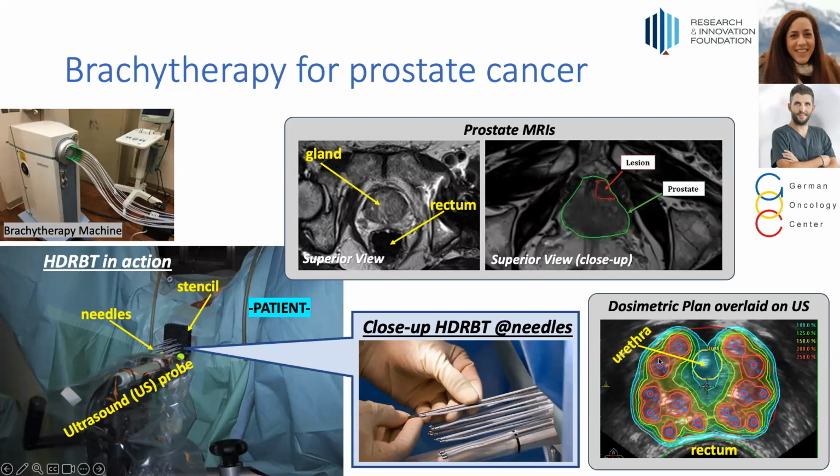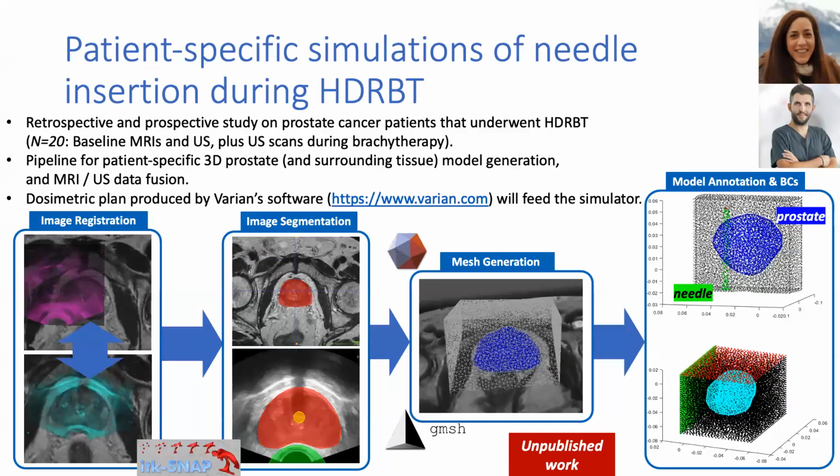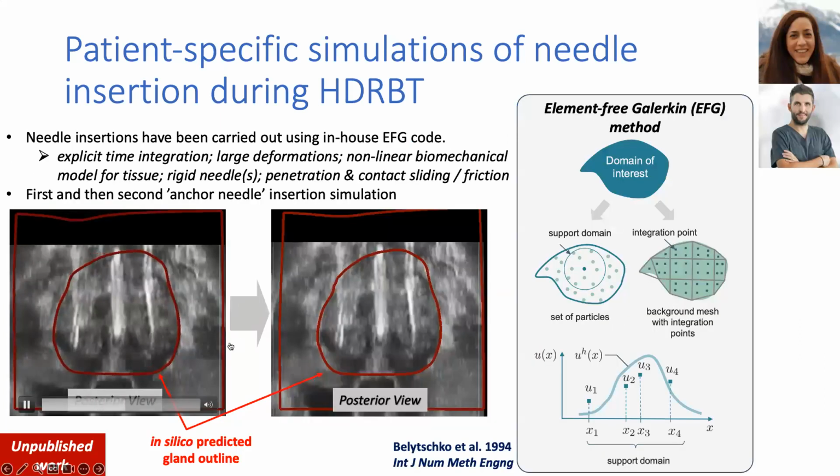Now, in principle, they put those needles in, but the problem is that the modality they use, ultrasound, is not the best one. It doesn't cooperate with the needles. While those metallic needles go in, they cause noise to the ultrasound, because they reflect the signal.